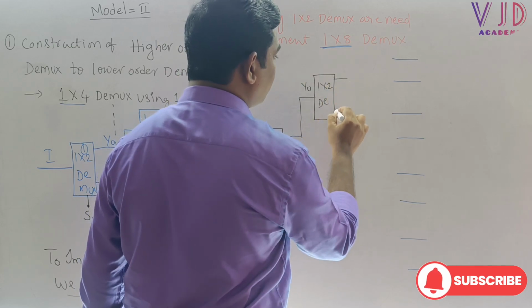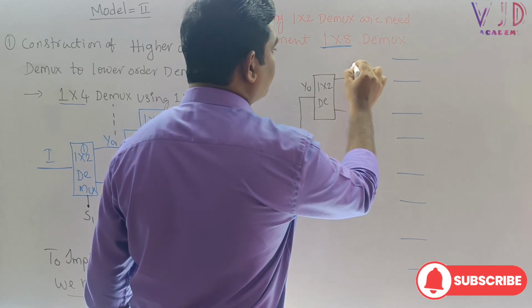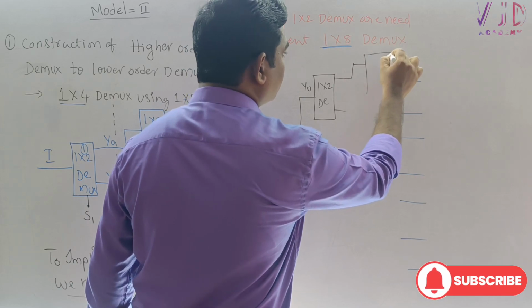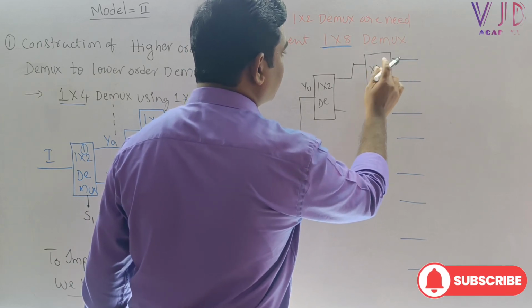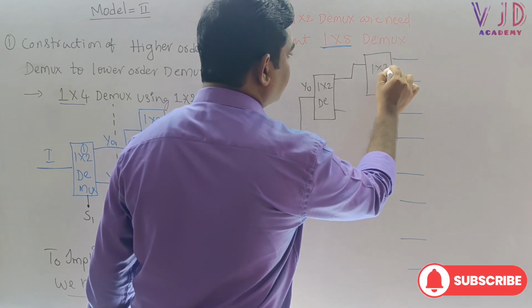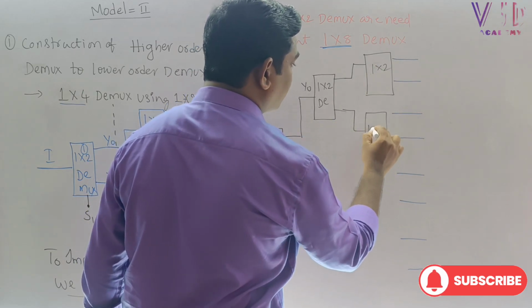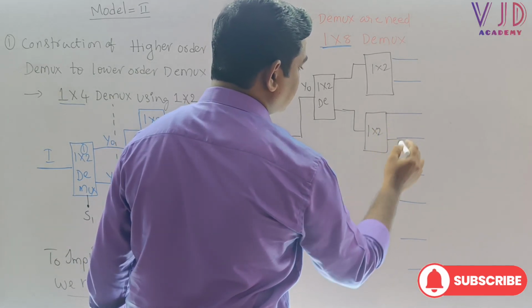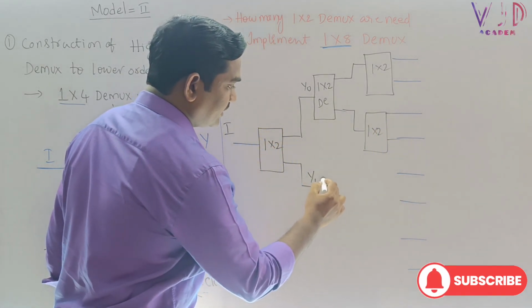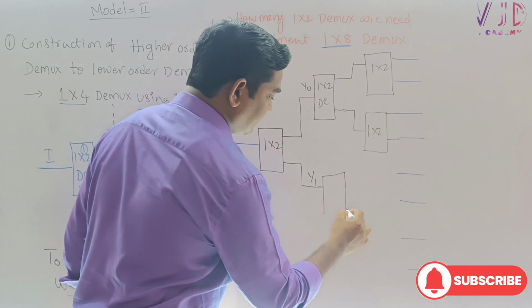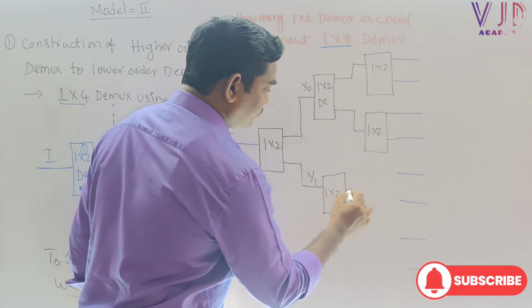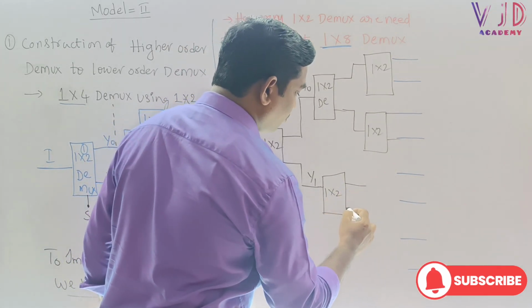Here it should have two outputs, and from these two outputs let me draw one more 1 to 2 DMUX. Here these are the outputs. Even again the second part, 1 to 2 DMUX, it should have two outputs.